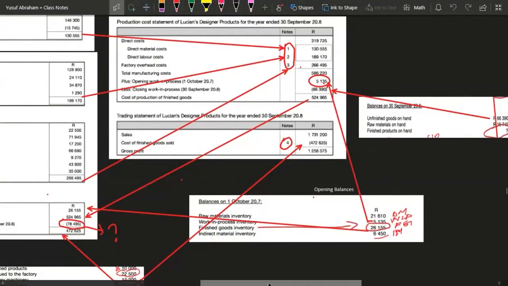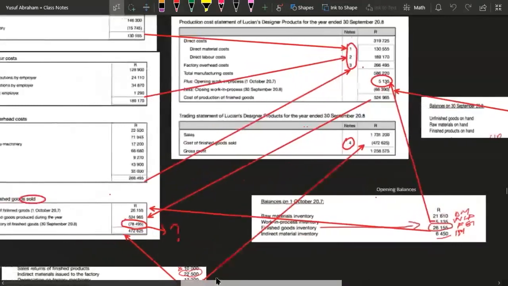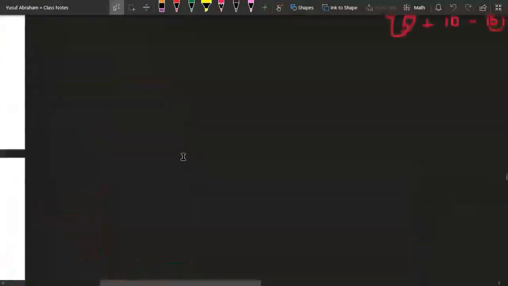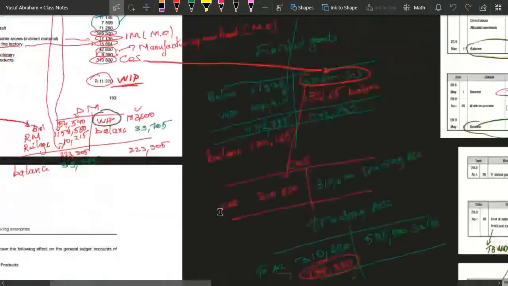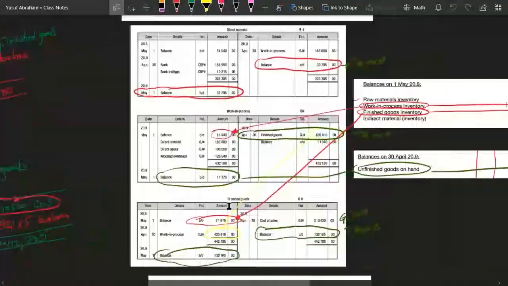But these are the three things we've covered. The trading statement, the production cost statement, and obviously the ledger accounts with a left hand side and a right hand side that needs to balance.